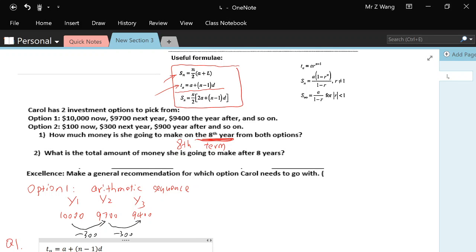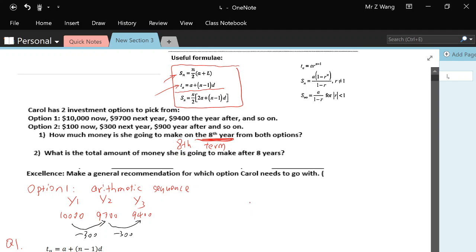Now let's consider option 2. Option 2 is what type of sequence? $100 now, 300 next year, 900 after. This is called a geometric sequence.